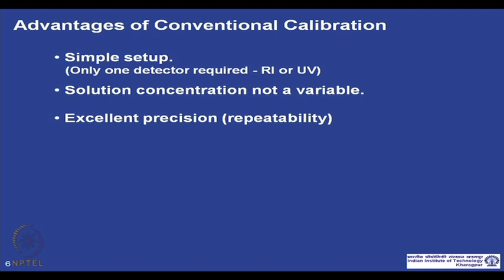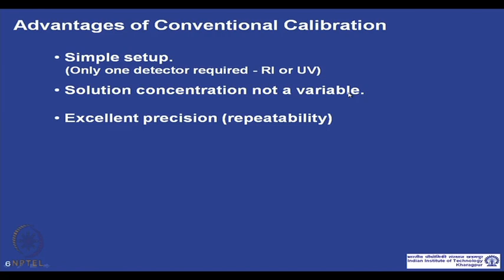So, let us go back and talk more about the calibration. Remember, we did calibration with monodispersed standards, meaning polymers with very sharp molecular weight distributions, injected them and recorded their elution volumes, and then for the calibration curve we plotted log M versus elution volume VE.